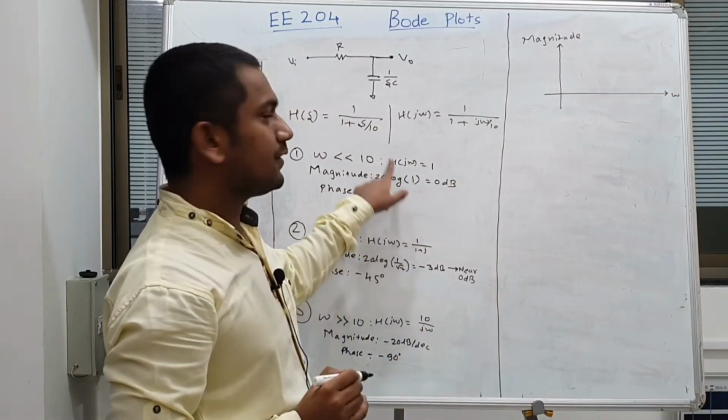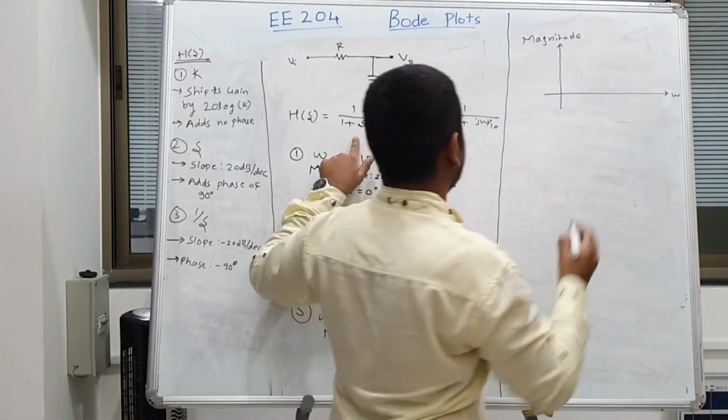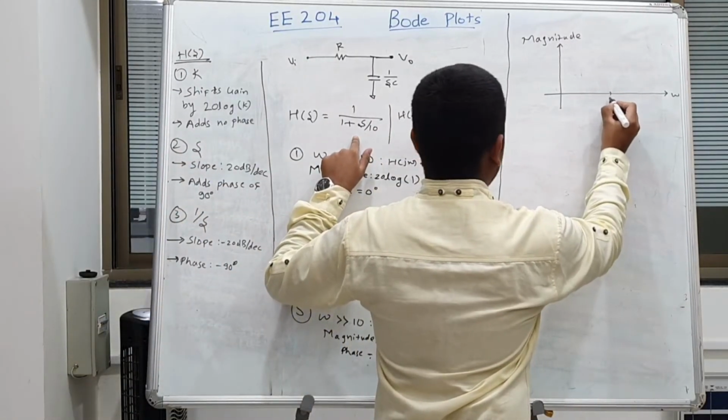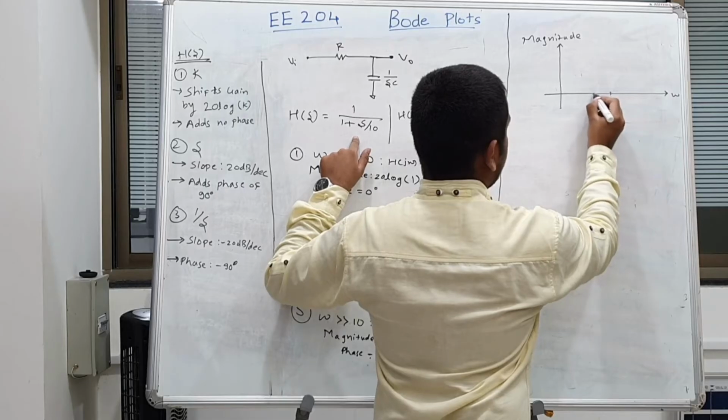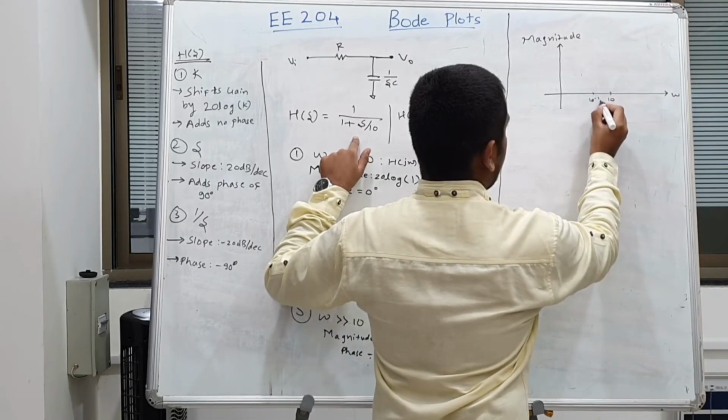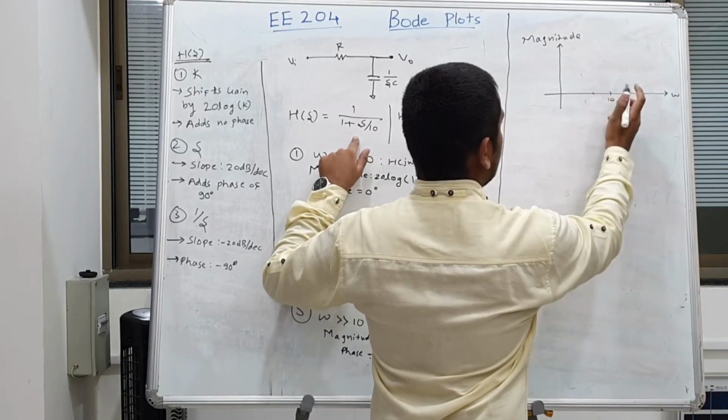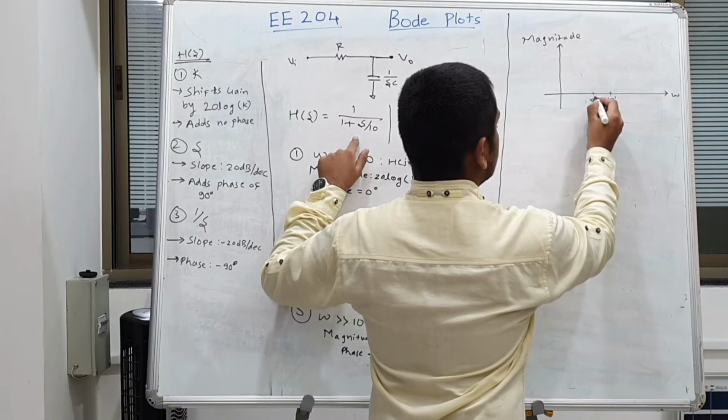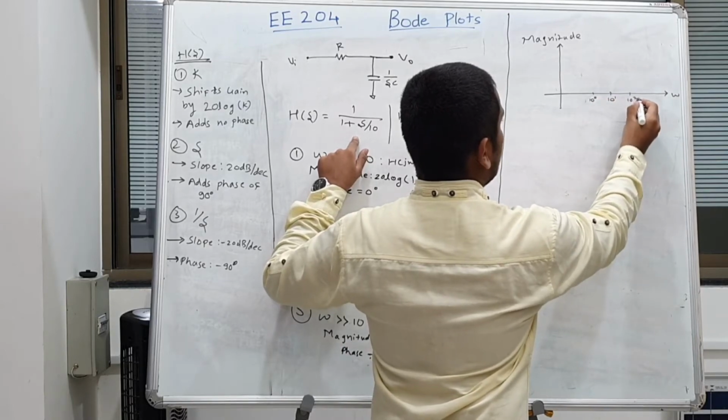We will write frequencies near the pole frequency: 10 to the power 1, 10 to the power 0 and 10 to the power 2.